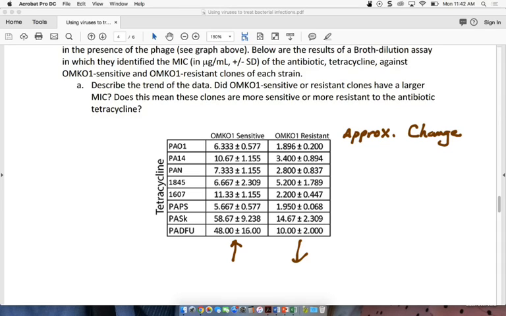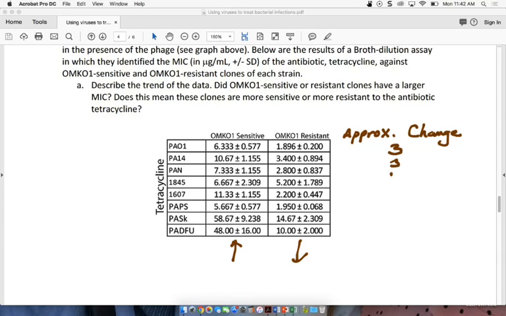And we could calculate this change or this difference. So the researchers actually set up a ratio here. Let's see how much of a difference there is between these MICs. If we just do this by hand, the sensitive is about 3-fold higher than the resistant.